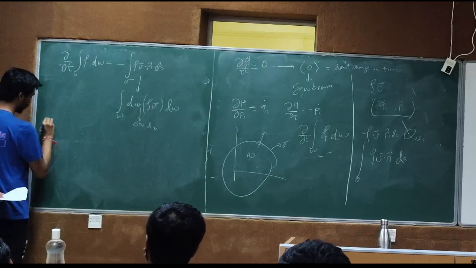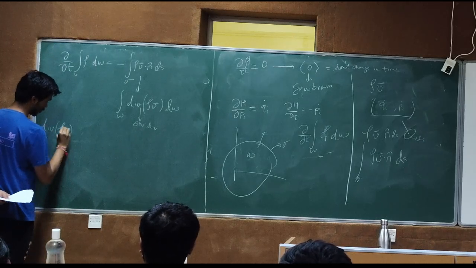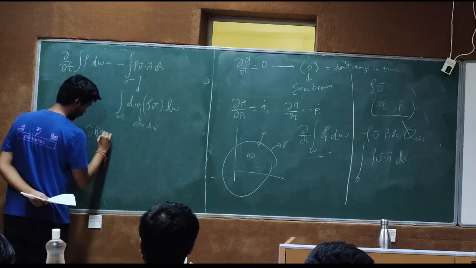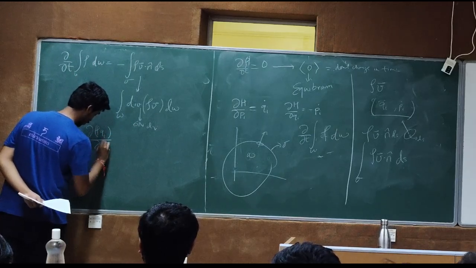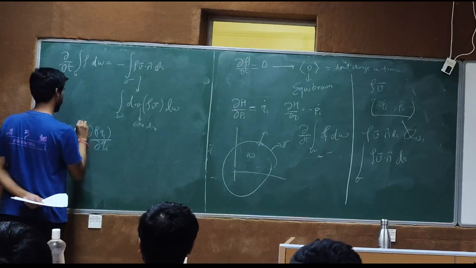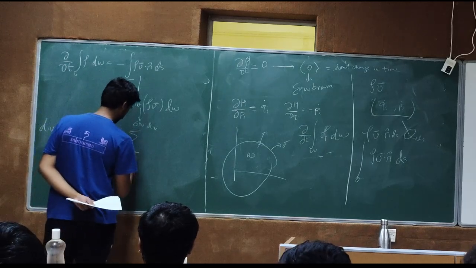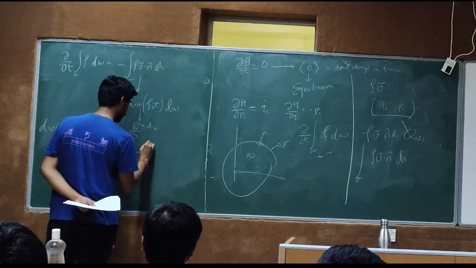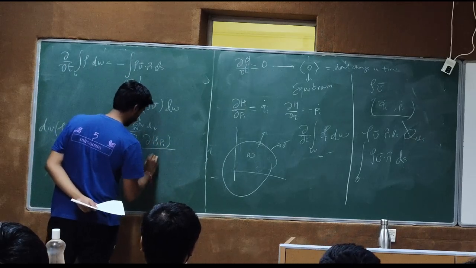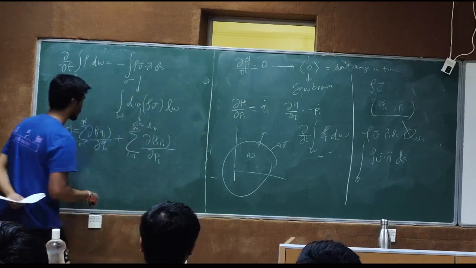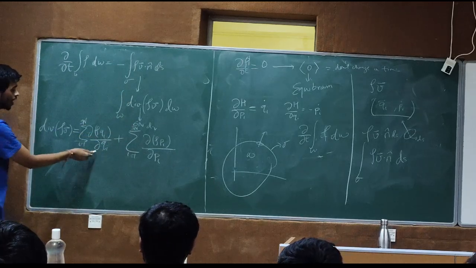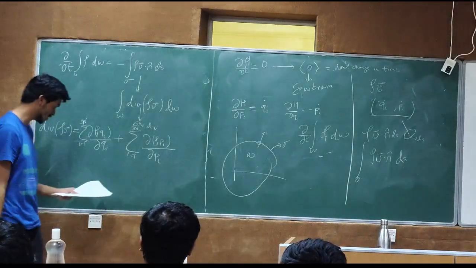So what I mean is, each of these are components of the vector, and this is the corresponding coordinate.